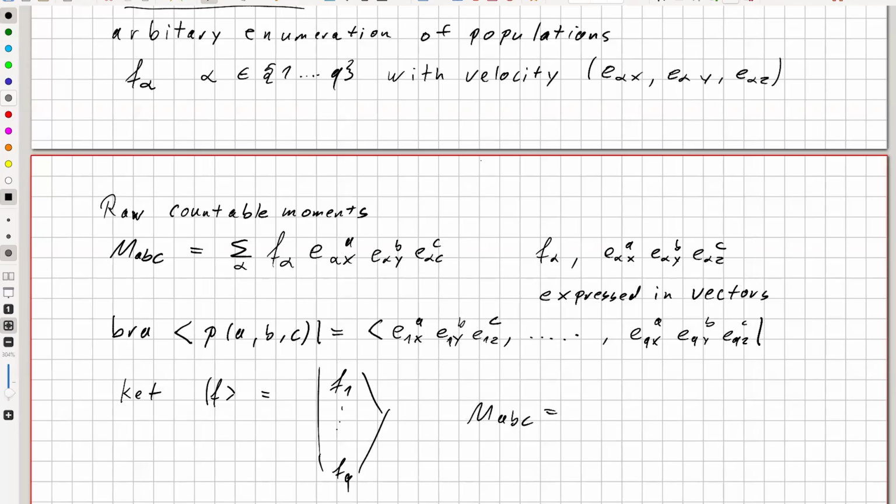This is what some people like: moments, by saying you have this vector P_abc in a scalar product with F. So this here is the moment generating vector and this is a scalar product.